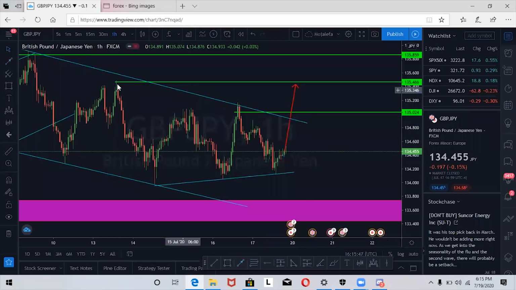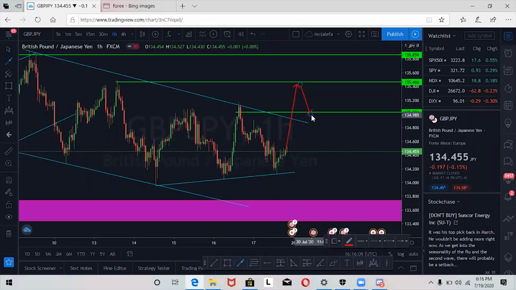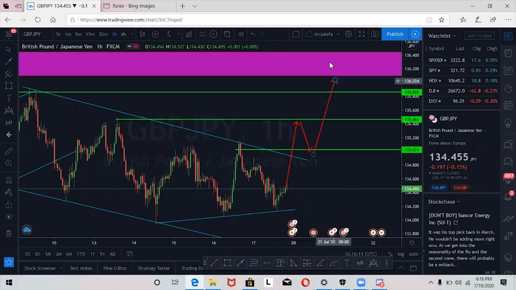So it can reach that zone, and you know what it can do? It can retest. Remember, for every breakout, there must be a retest. So it can retest to the trend line, not basically this zone, but to the trend line. Then from there, shoot to the upside. Get what I'm saying? It can shoot to the upside, even to this zone. You get what I mean? So that is actually the possibility of what might happen.